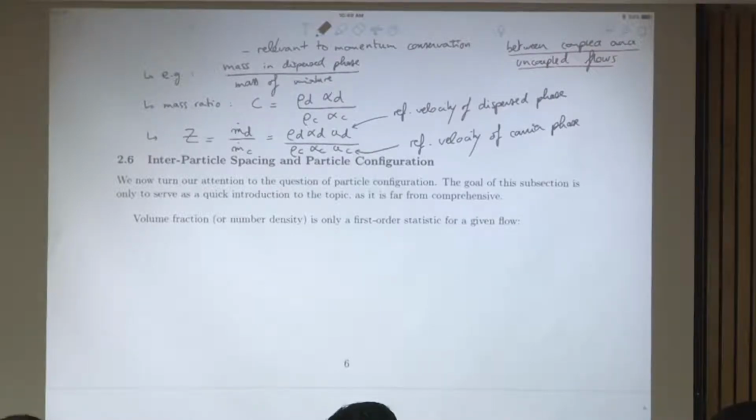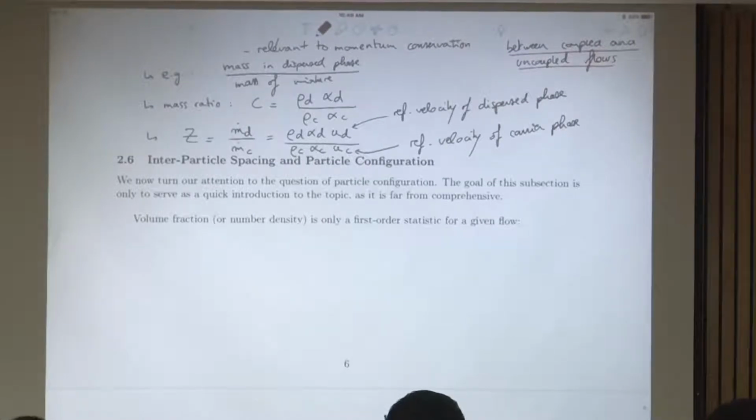I'm going to talk briefly, so we're going through more of a laundry list of important concepts regarding a dispersed ensemble of particles in a flow. An important concept that we've not talked about so far is the question of how the particles are distributed locally.